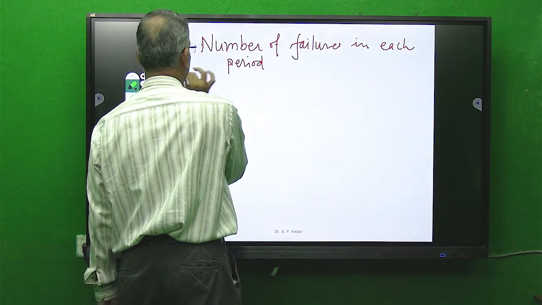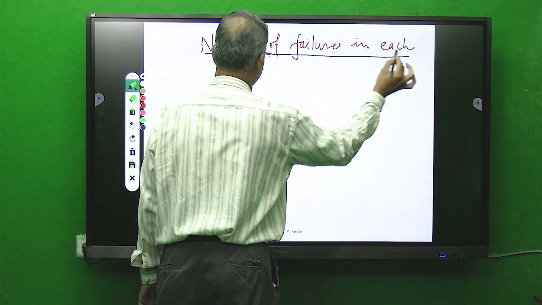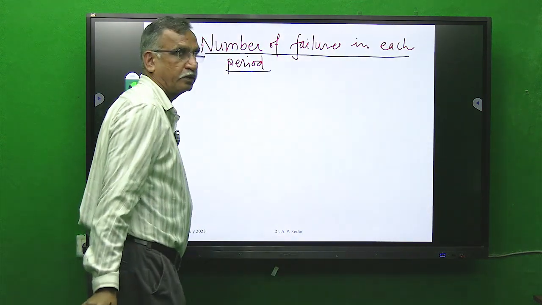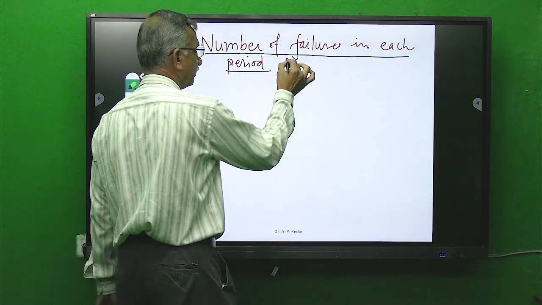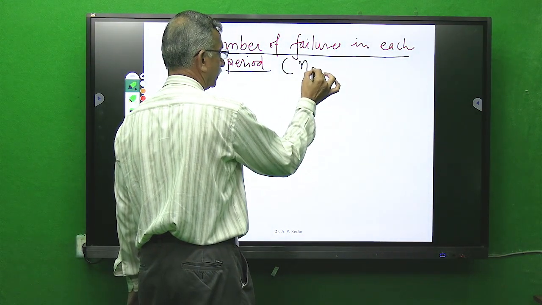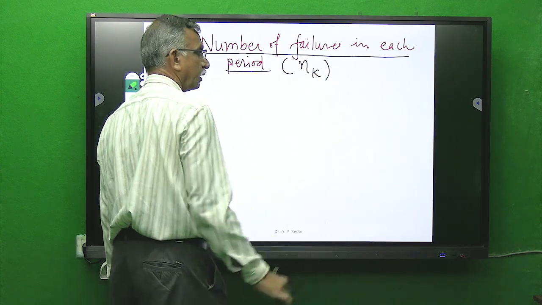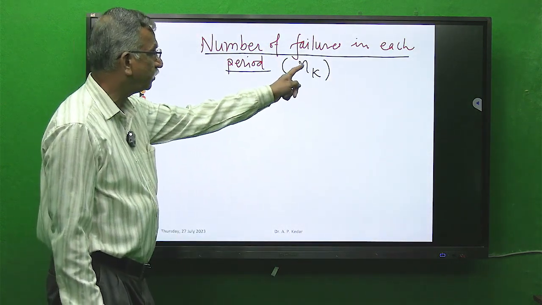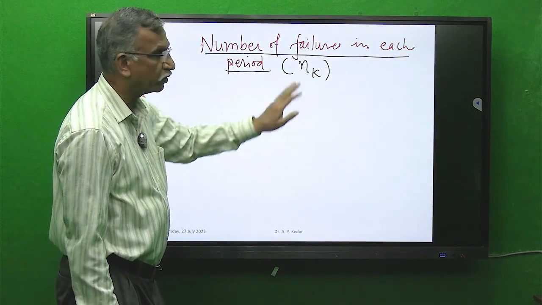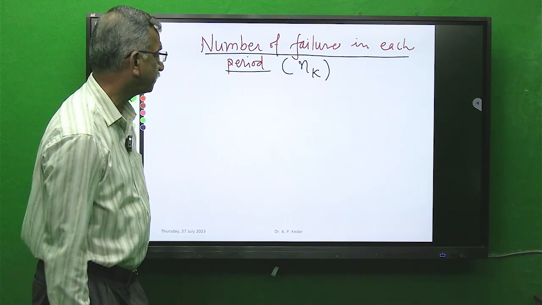This is very important. Number of failures in each period, and this will be abbreviated as NK. Small n, K failures, K is period, small n number of failures in each period.